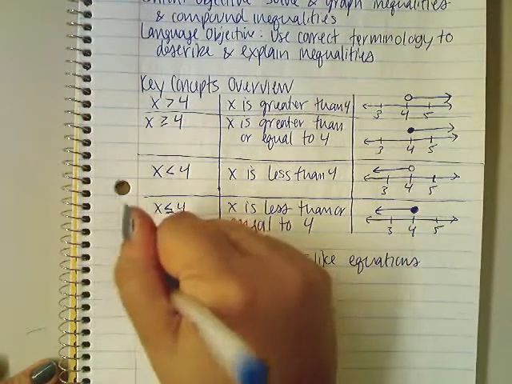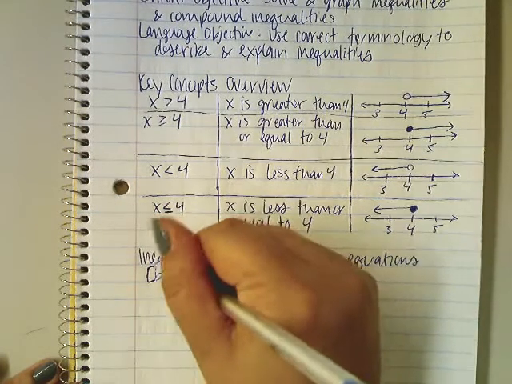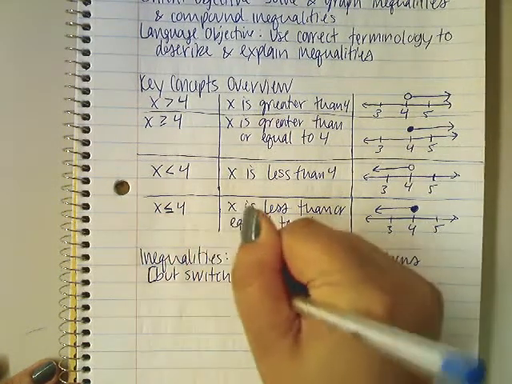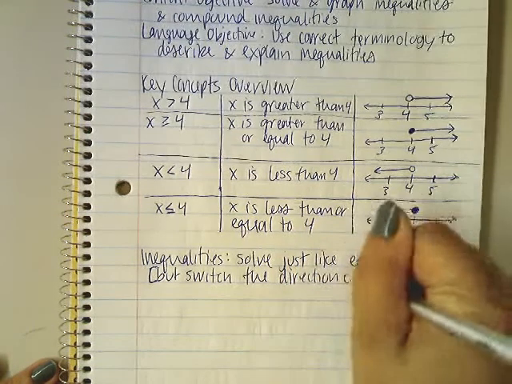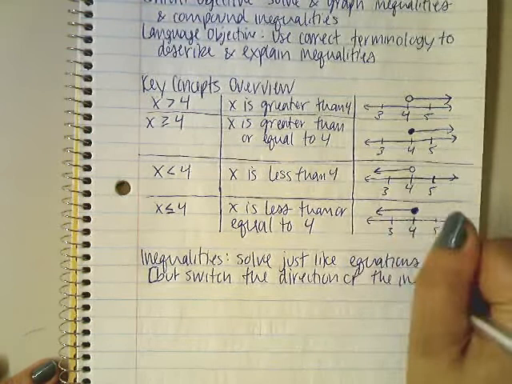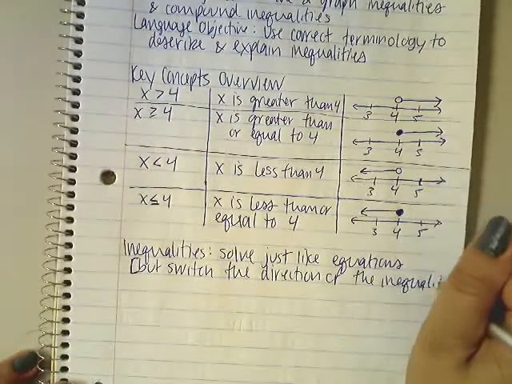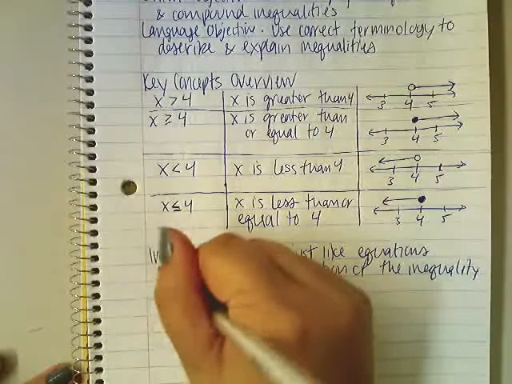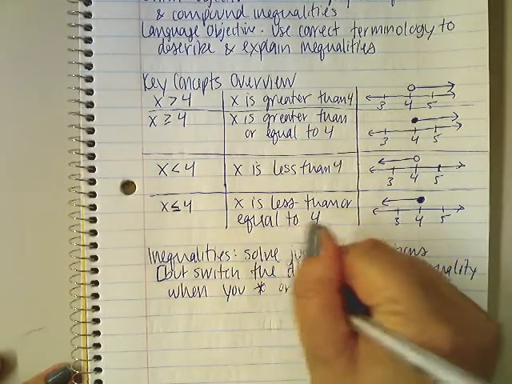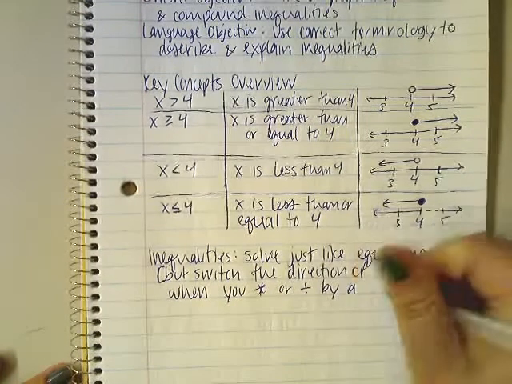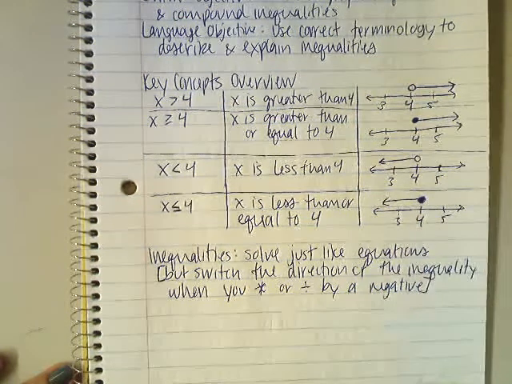But switch the direction of the inequality when you multiply or divide by a negative. It's the only other thing you have to remember.